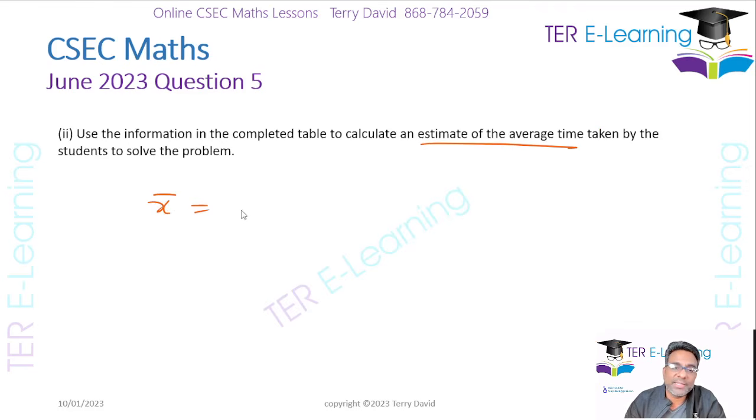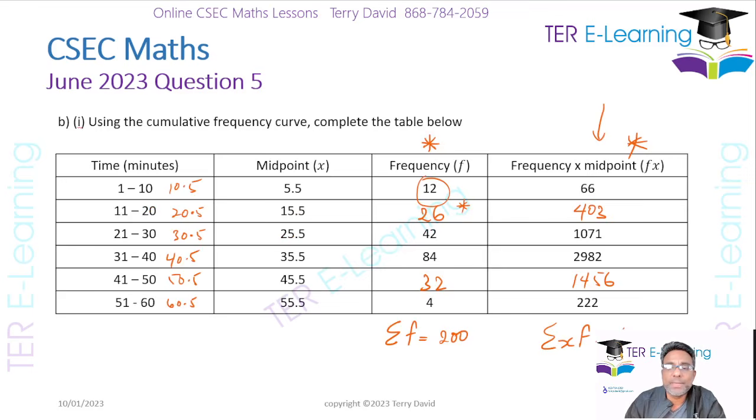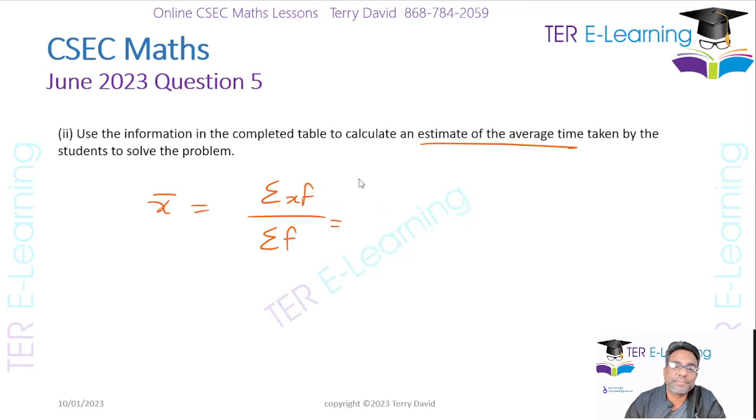Your mean is given by sigma XF over sigma F, which in this case is 6,200 over 200, which is going to give you about 31 minutes. So that's going to be your mean time taken for them to complete the question. All right, so that is question 5.